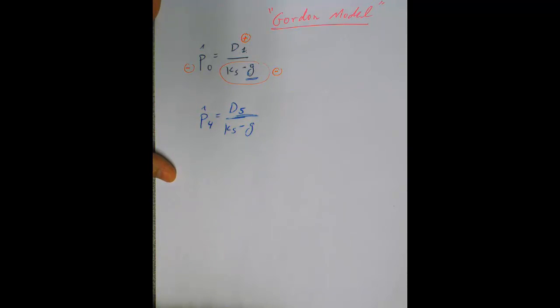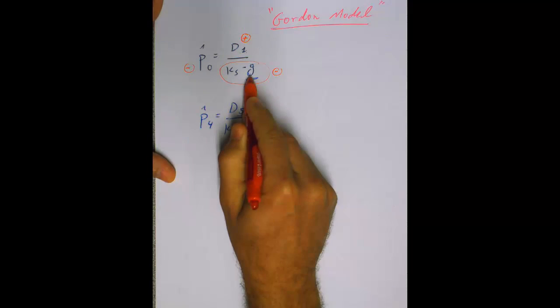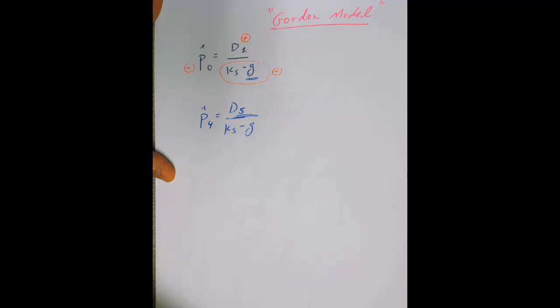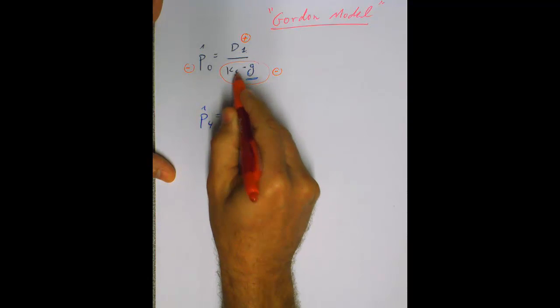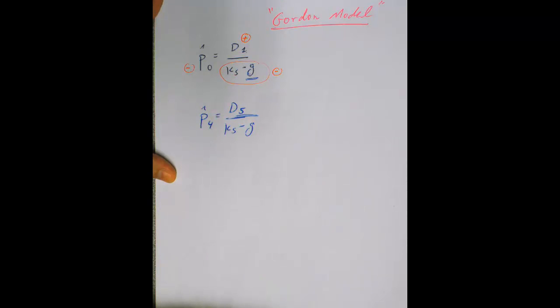So if you have a situation where the company is growing very, very fast, for example, a startup, and on top of that, the required rate of return is not that high, in fact, it is lower than the growth rate, we will simply ditch the Gordon model. We will use other things. So that's a major limitation that you need to be aware of.